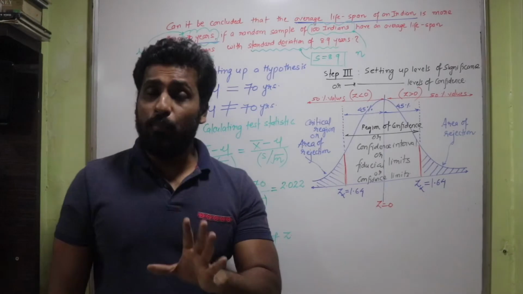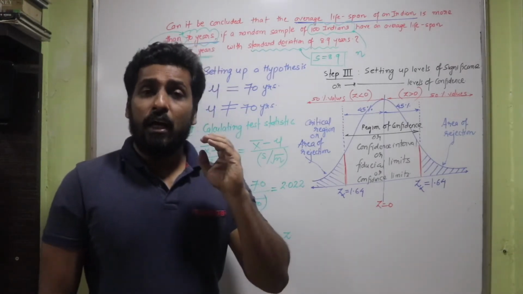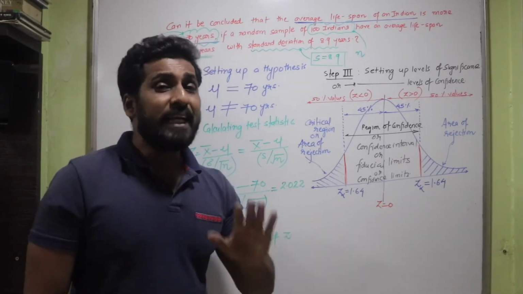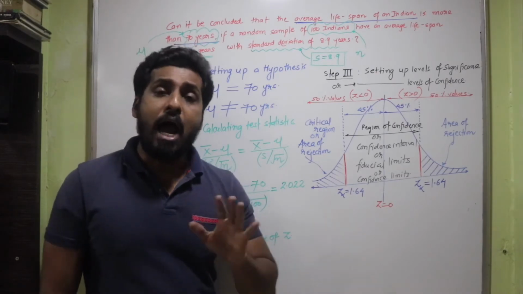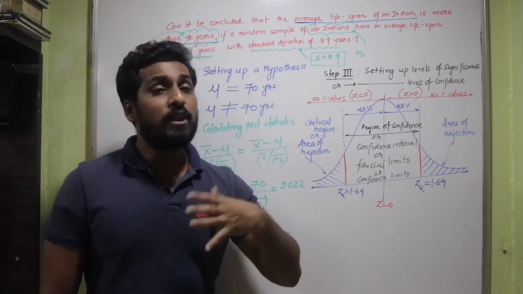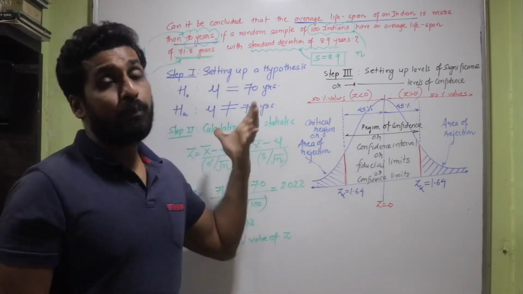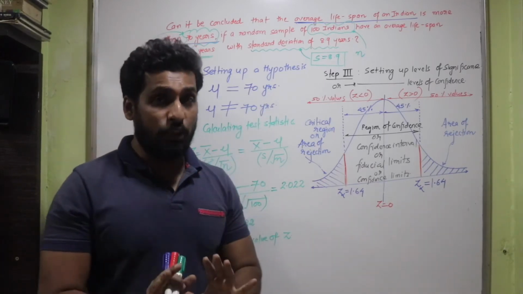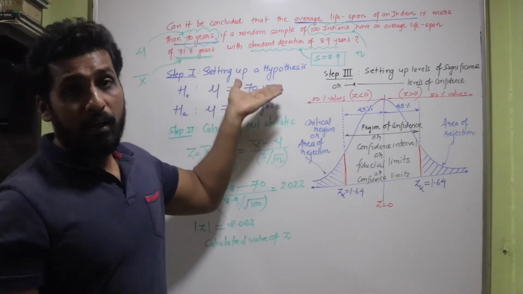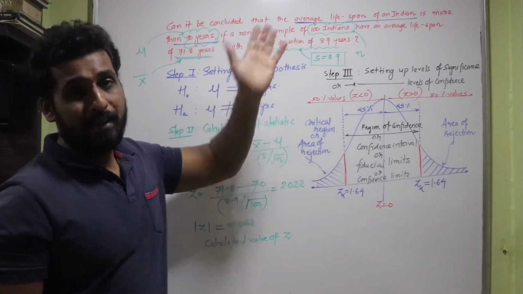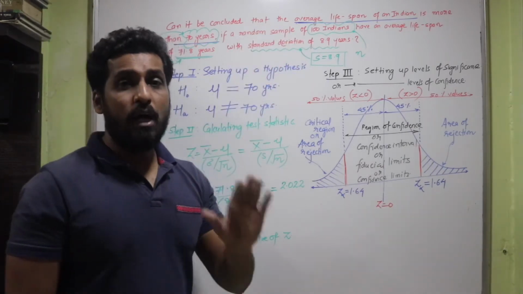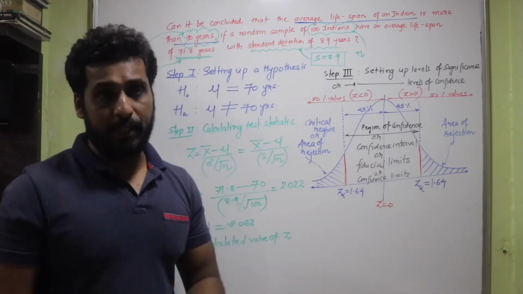Now, this is a very important part, you understand. If the hypothesis came true, it does not mean that the statement is proved. It only tells you that the given sample is taken from the population. That is the only meaning of the hypothesis being accepted.